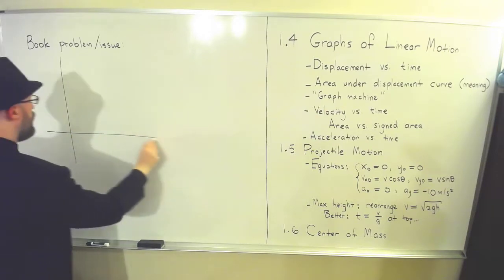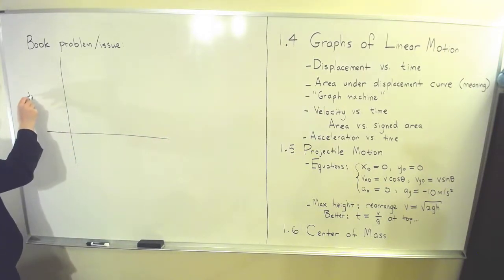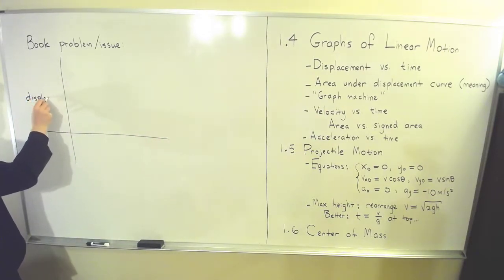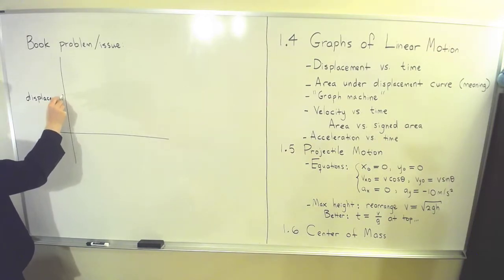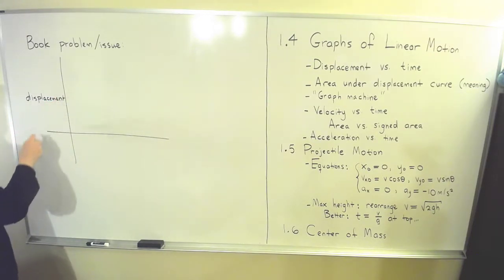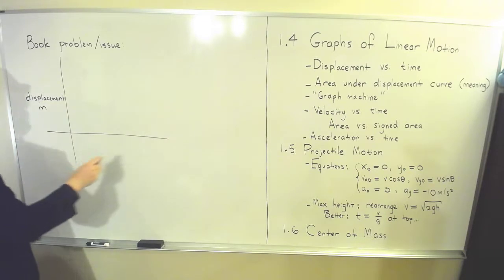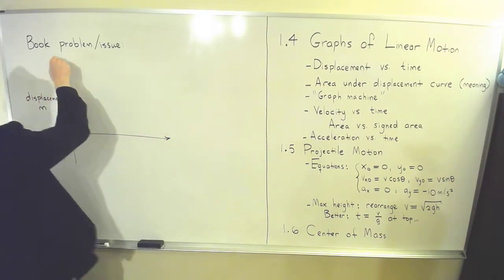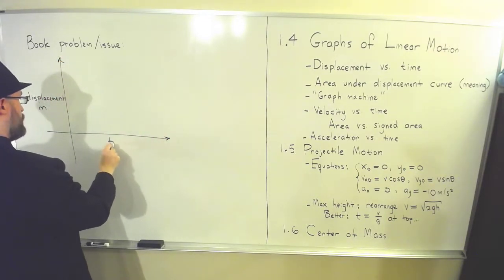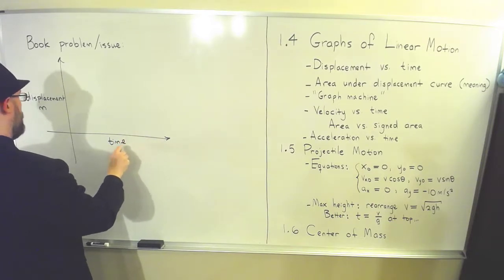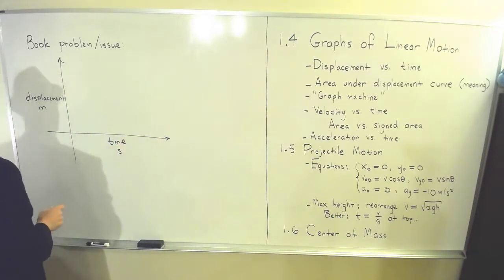So if I have a graph like this, and this is going to be displacement again, going this way, and you could have it be in meters again, and this could be time again, in seconds, if you like.